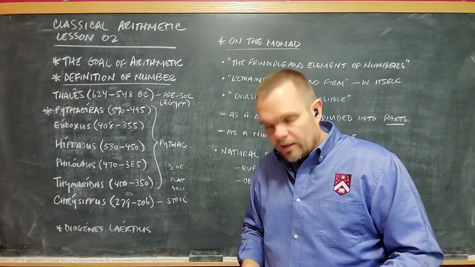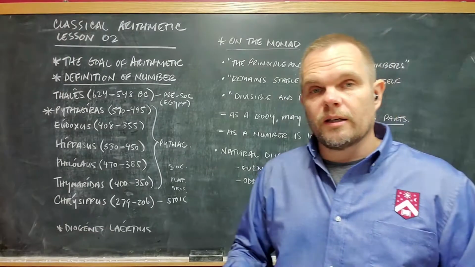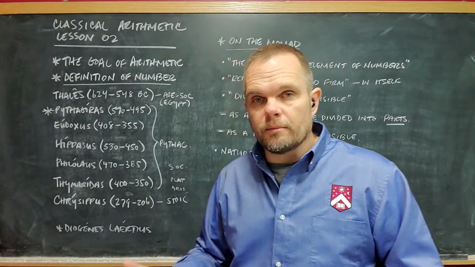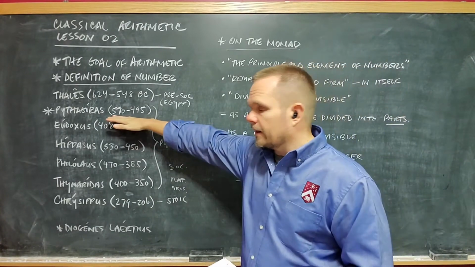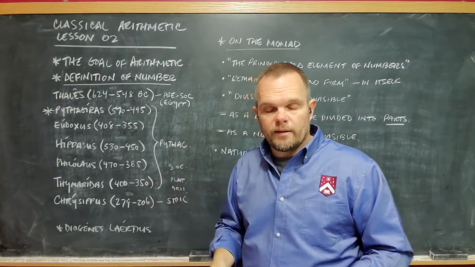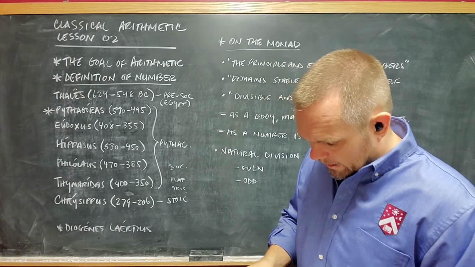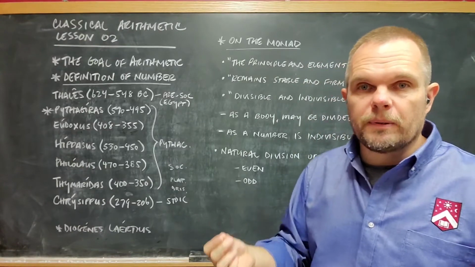That's the summary of the definition of number, and then in the second part of the lesson, we go into the definition of the monad. Right? The monad is the idea of one, which is very important in Pythagorean philosophy, the idea of one. And we'll understand why in a few minutes. But as we try to define what one is, okay, think about that.